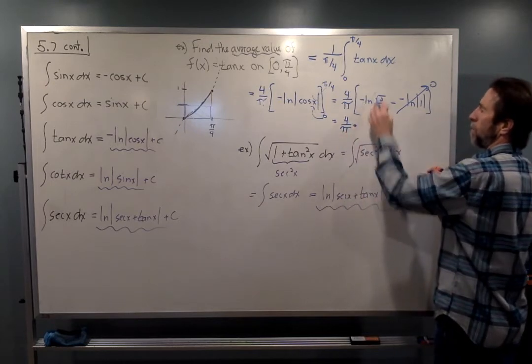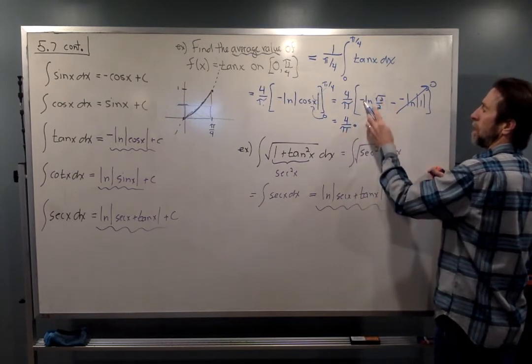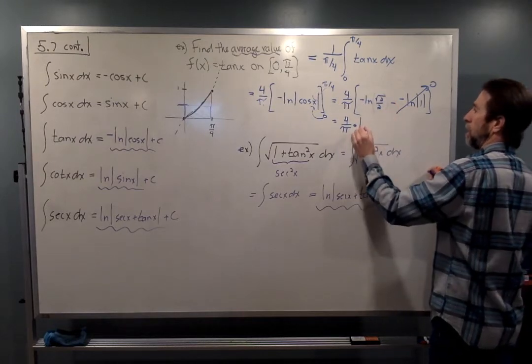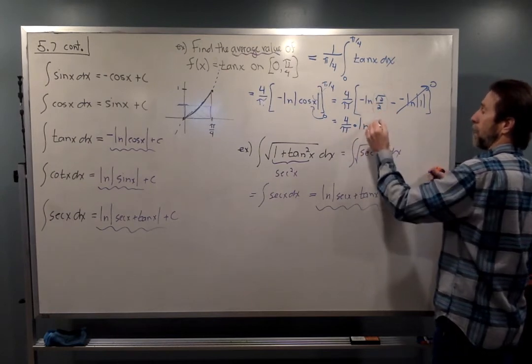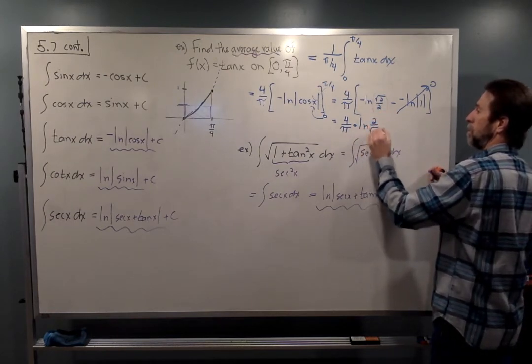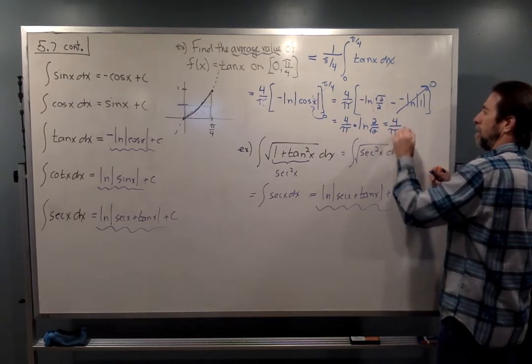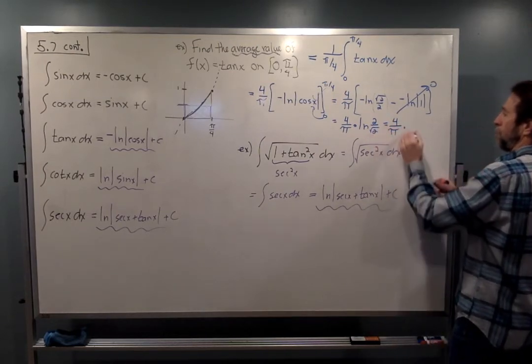Now, at this point, I probably would use a property that allows me to put this negative as an exponent. So it'd be the log of 2 over radical 2. But that's just going to be 4 over pi. 2 over radical 2 is just radical 2.